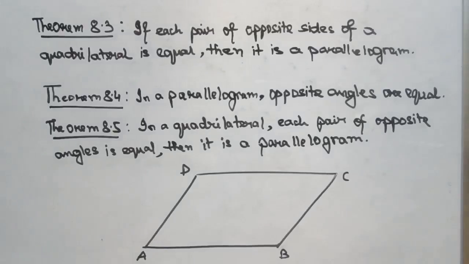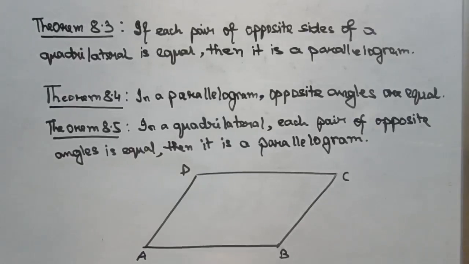Next, we will study some more properties of parallelogram, which are given as theorems 8.3, 8.4, and 8.5. Theorem 8.3 says if a pair of opposite sides of a quadrilateral is equal, then it is a parallelogram.